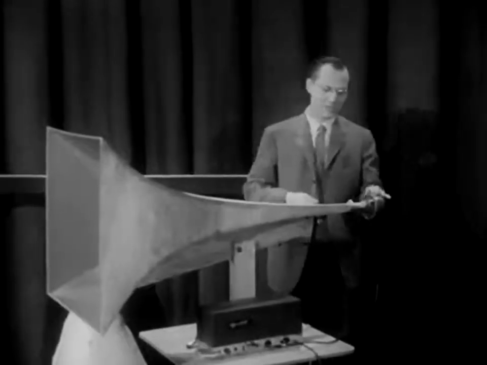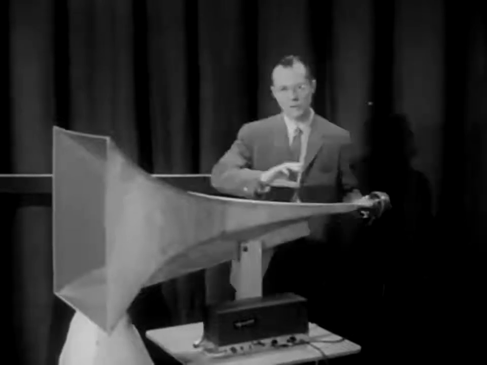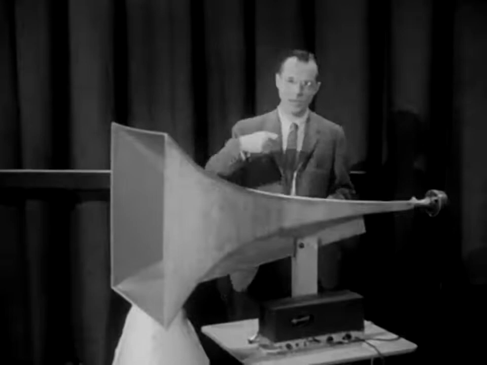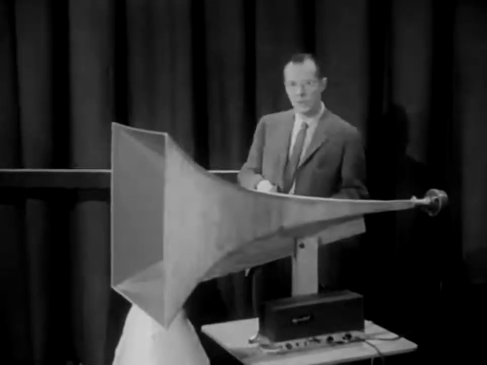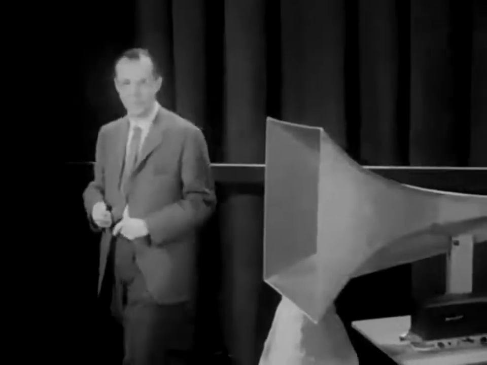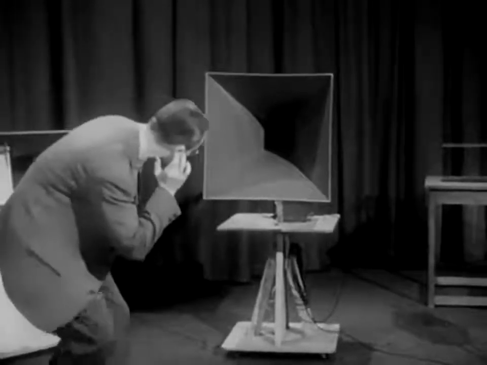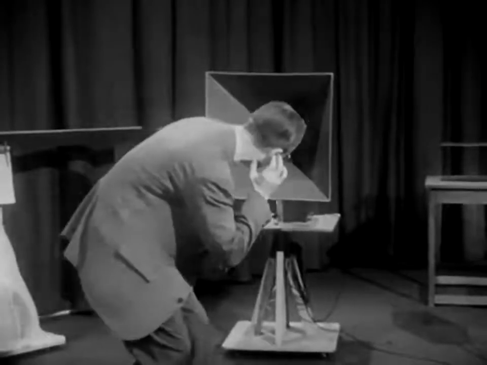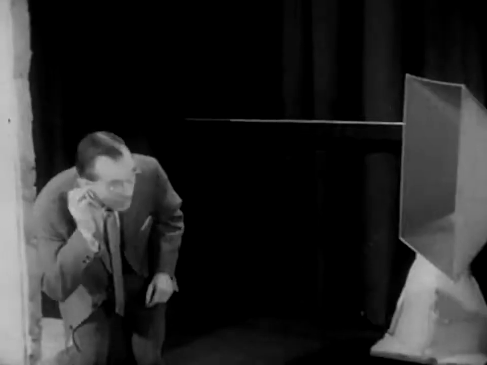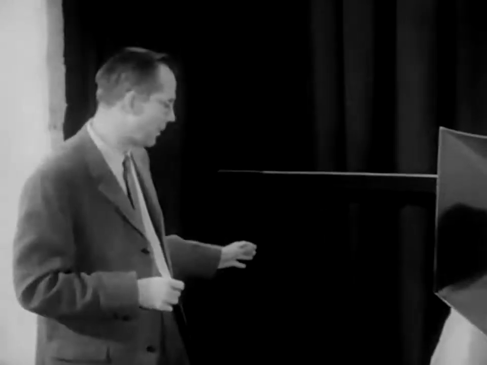When the driver is attached to this exponential horn, most of the sound goes out along the axis. Of course, we can hear a little sound all around, but over here in front, it should be very much louder. Let me listen. Yes, there's a good strong concentration right here.